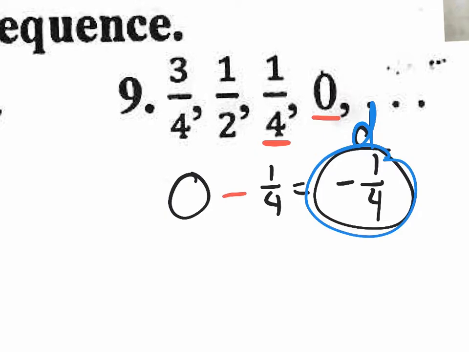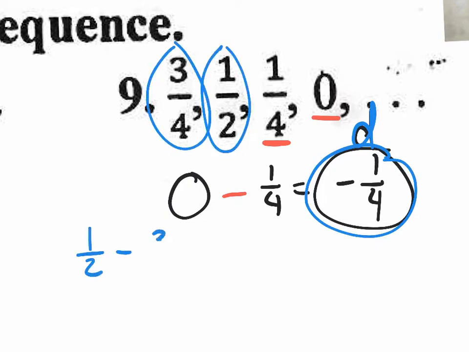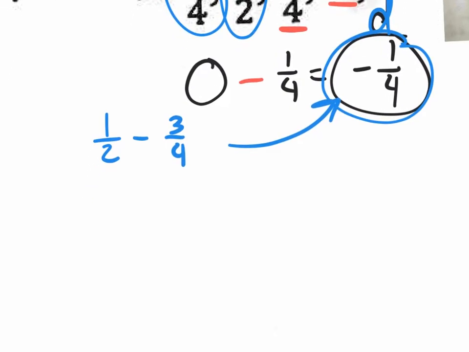Okay. So if you would have done 1/2 take away 3/4, you'd still get the answer negative 1/4, but you'd actually have to work through it. What do I mean by that? You need a common denominator. So let's say I did work through it. You'd have to get the common denominator, which is 4. And you would change the 2 to a 4 by multiplying by 2. And of course, what you do to the bottom, you do to the top. So you have 2/4, which is really the same thing as 1/2.